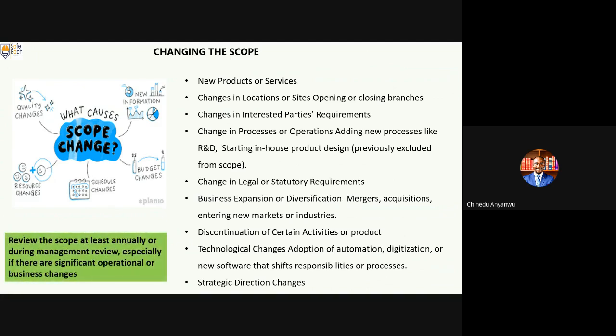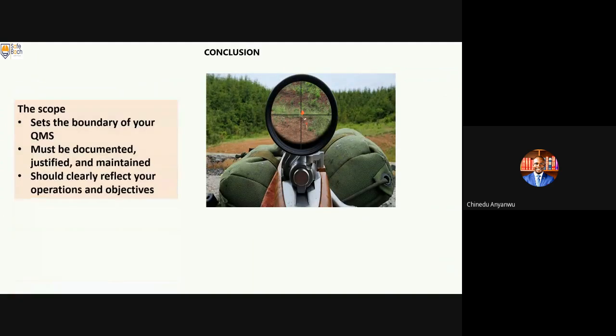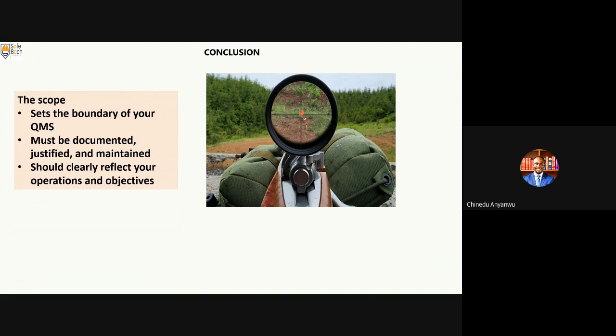Now, it is important to note that you must review your scope at least annually or during your management review meetings to be sure that the scope is always relevant and it is still significant as regards to operations and business changes. Now, in conclusion, the scope sets the boundary for your QMS.